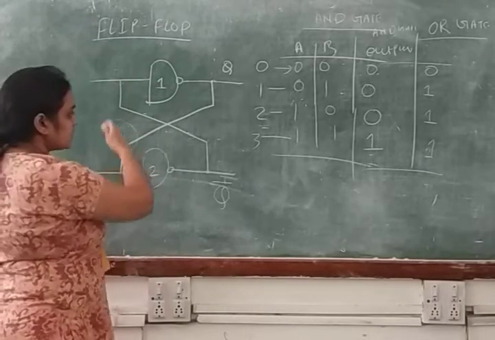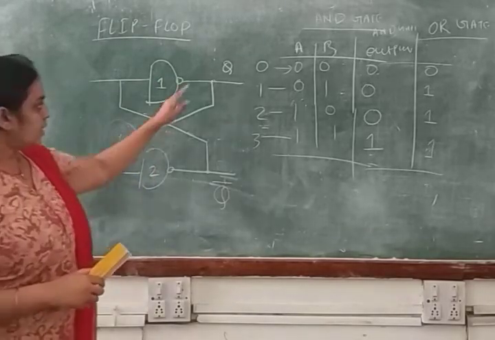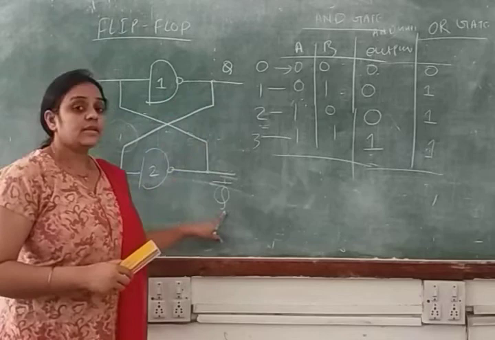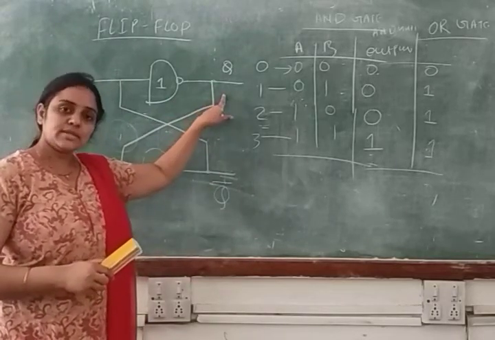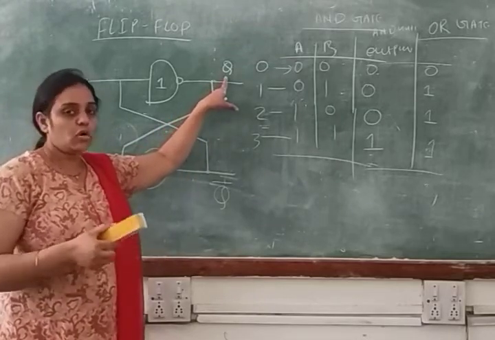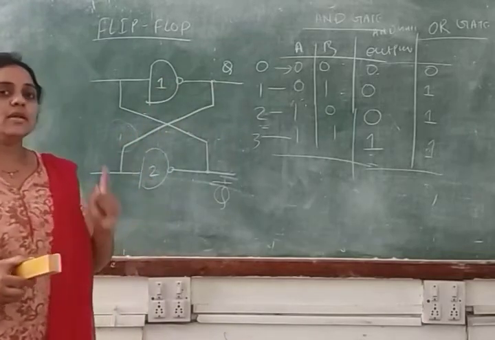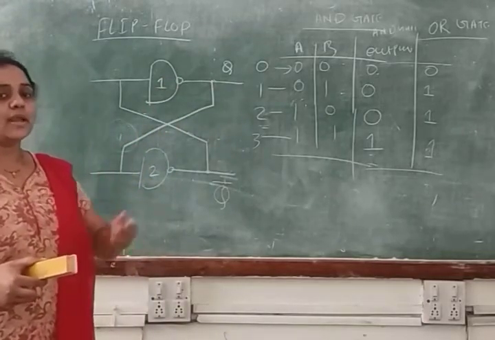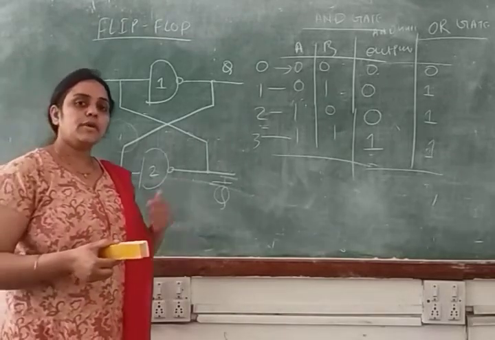For solving this structure, we have to assume the previous output, and here Q and Q complement basically represent your previous output, and we are talking in the binary number system. That means we can assume your Q value is either 0 or 1. So first we will assume the value 0, and after that we will assume the value 1, and we will see what type of output we get.